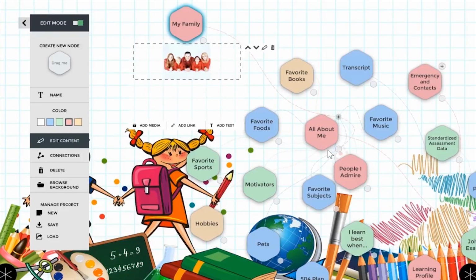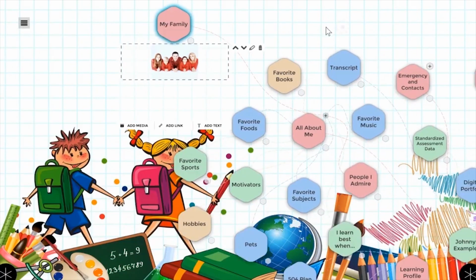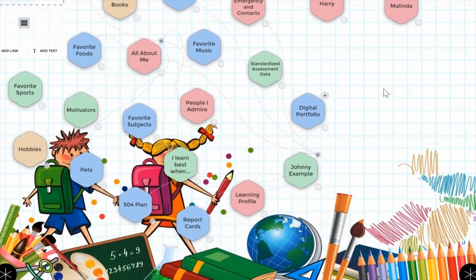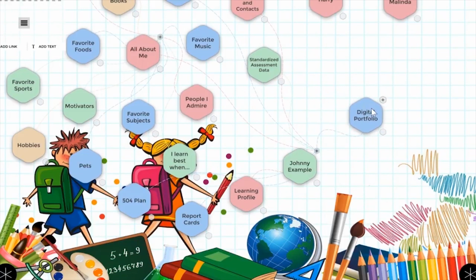So you can collect, let me just close this so that it's out of the way. And you see that you can do a lot of things with Nodes, and one of my favorite things is that you can collect samples of the students' work in their digital portfolios, for instance.